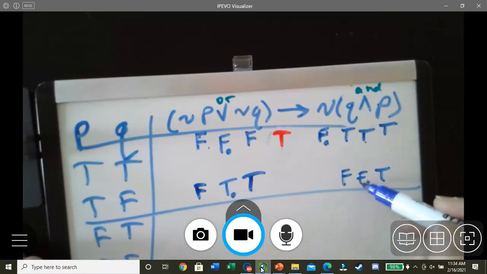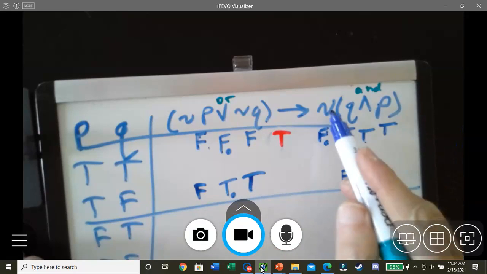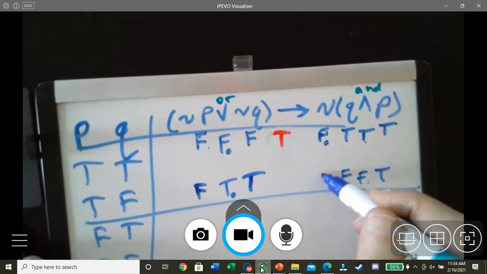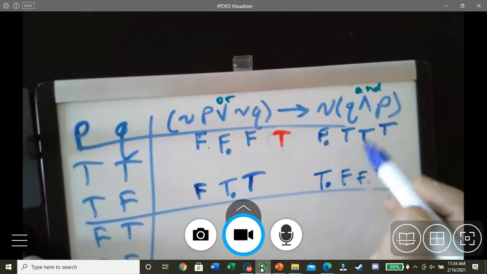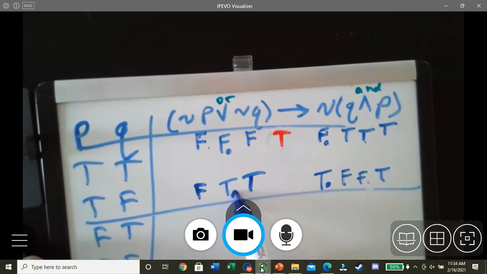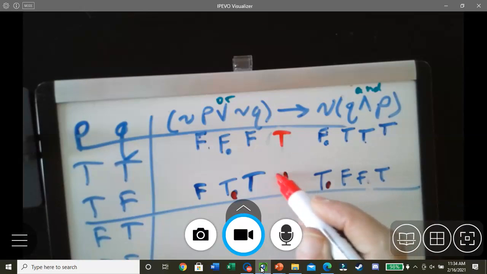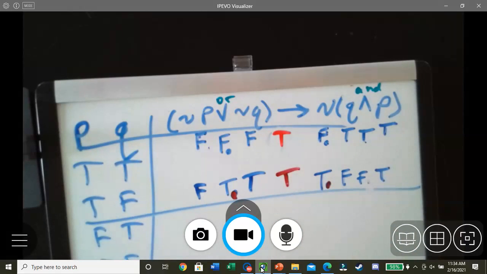So now we're saying that this is false, then not false is what? True. So we're saying if true, then true. We're saying if true, then true is what? True. Okay?